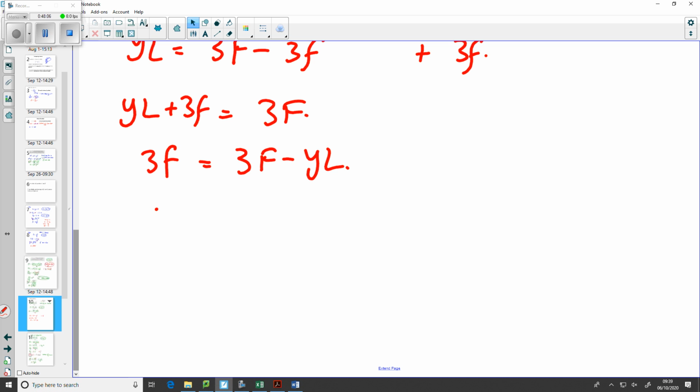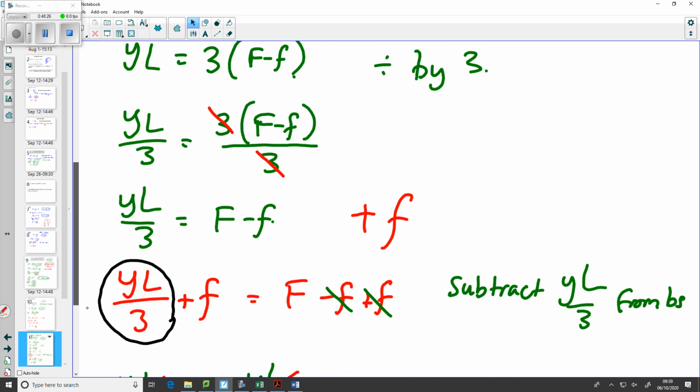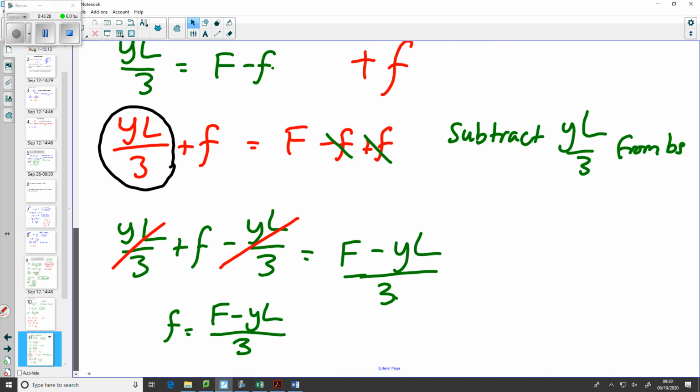So you end up with f is equal to f minus YL over 3. Is that what we ended up with last time? So you do end up in the right place.